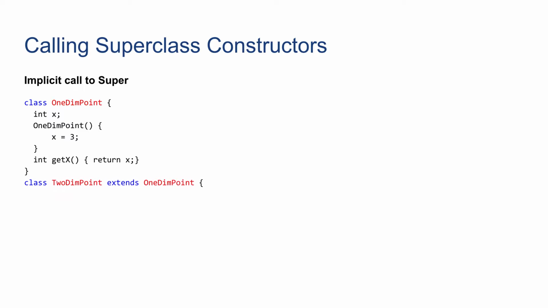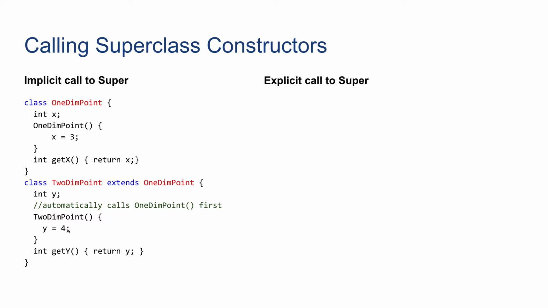And we also have a TwoDimPoint that extends OneDimPoint, which has an integer y. And this will automatically call the OneDimPoint constructor. How? As soon as we make a call to this, it will call the OneDimPoint first, which will set x to 3, and then we'll come back and set y to 4.